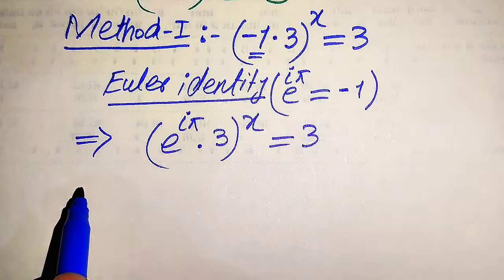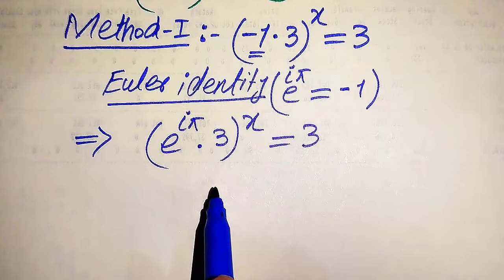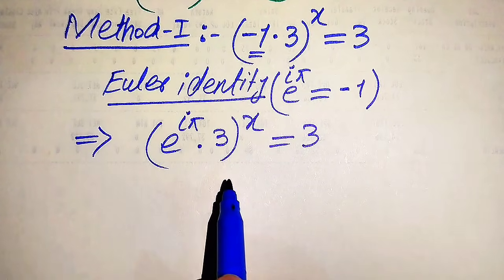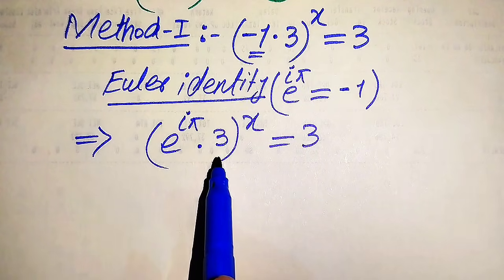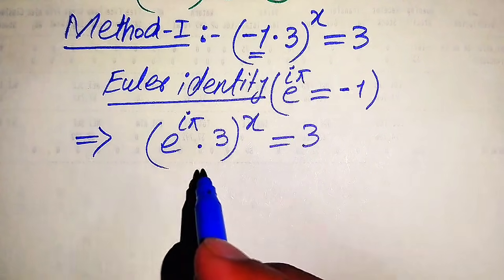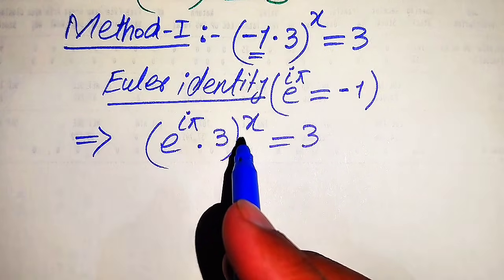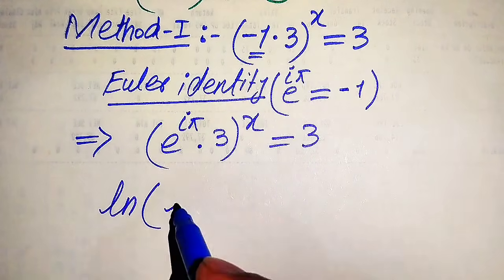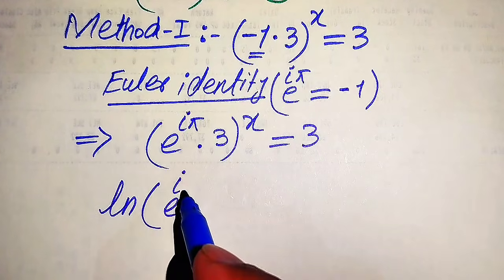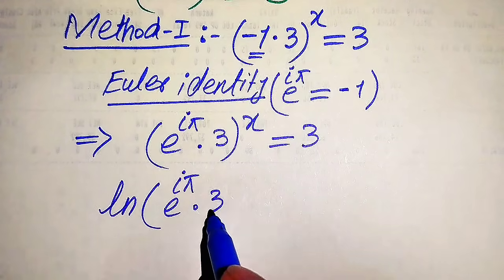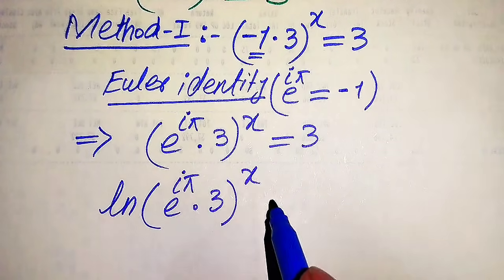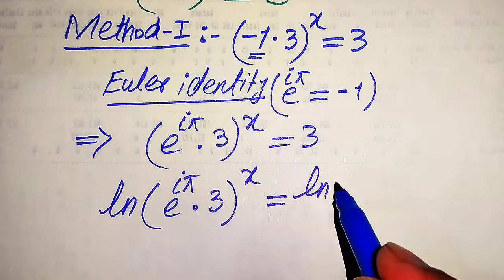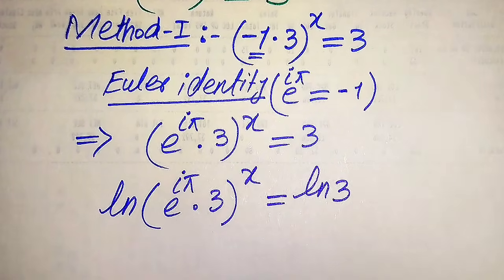In the next step we need to apply the natural log on both sides. It becomes ln of (e^(iota pi) times 3) to the power of x is equal to log of 3.